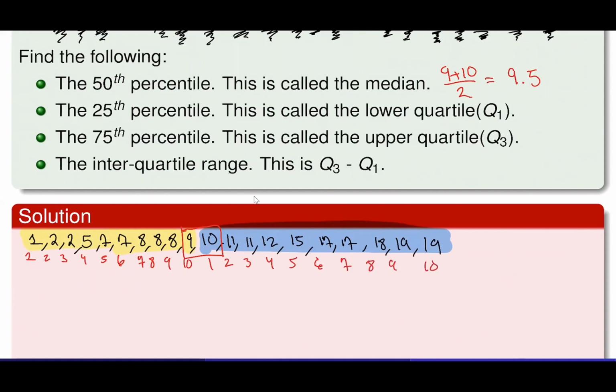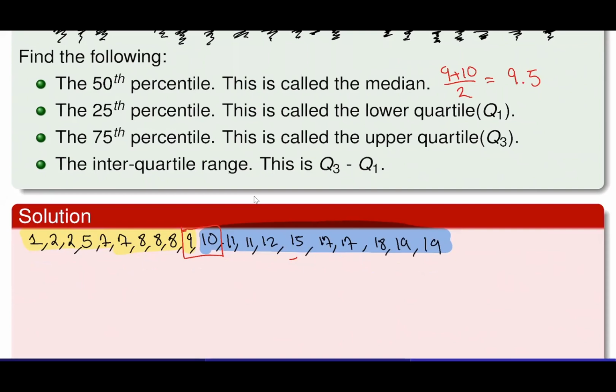Both of my groups have 10, so that's how I know I divided the data set into 2 equal halves. If one group has more than the other, you did something wrong, because it should always be the same amount of data. Any question in regard to that before we move on to Q1 and Q3?